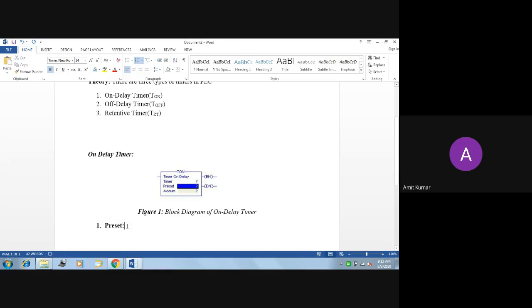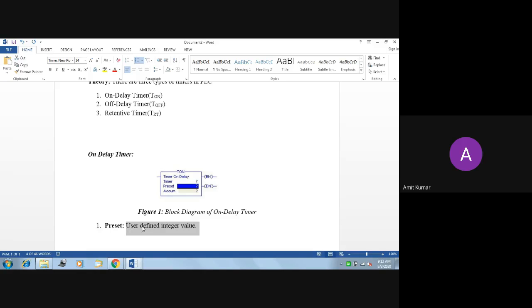The first thing is a user defined integer value. So you are going to define this value. Always the value of preset will be defined by you.